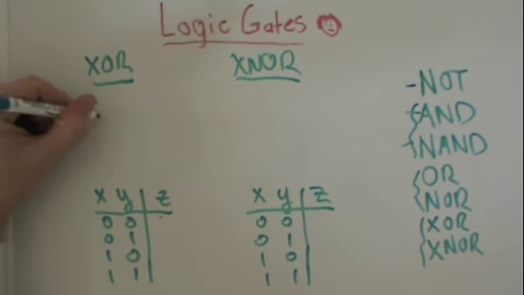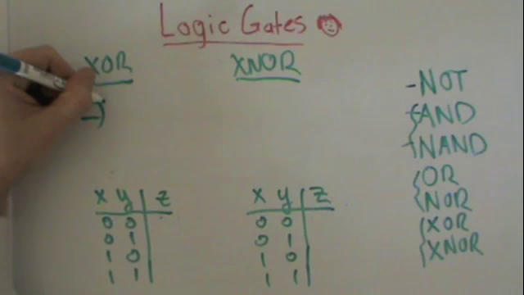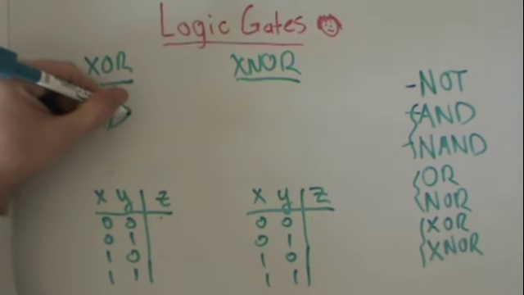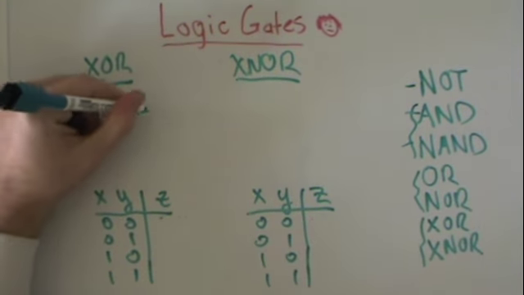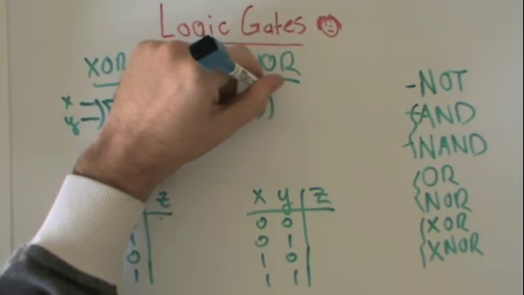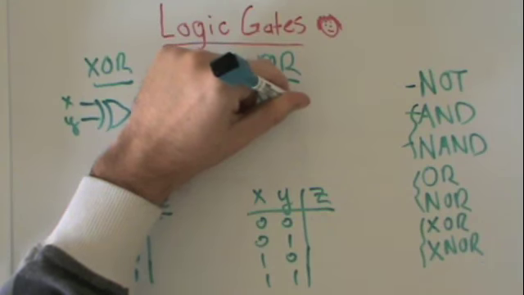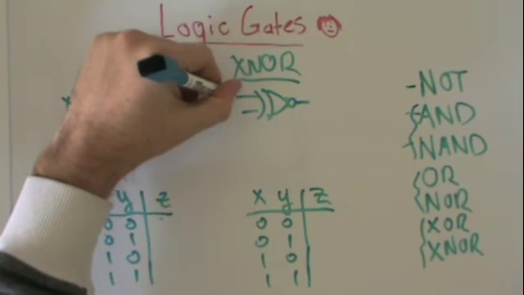This schematic symbol, using two inputs again, that's how the XOR works, we just have this extra little line here. And the XNOR, same thing, except it's the exclusive NOR, so we need the inversion bubble on there.